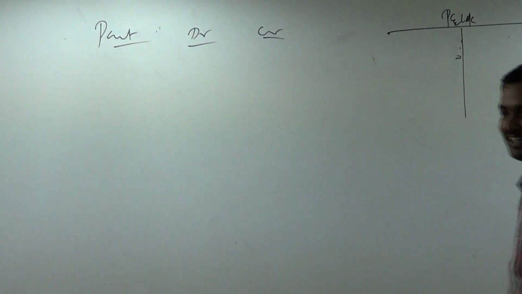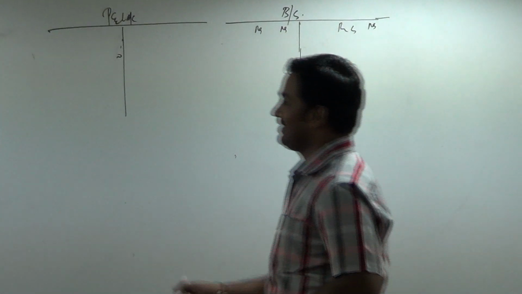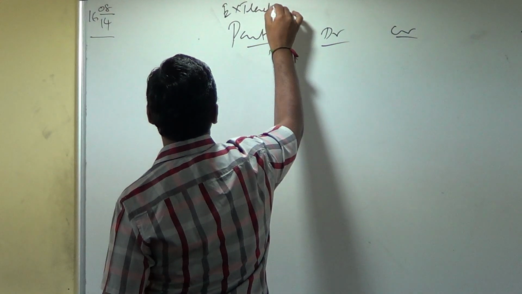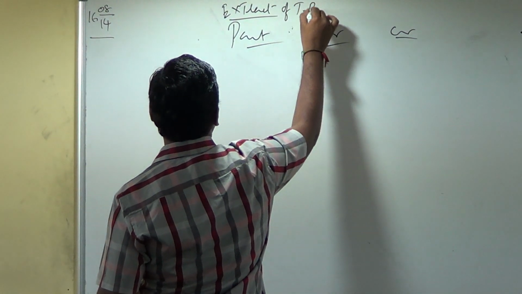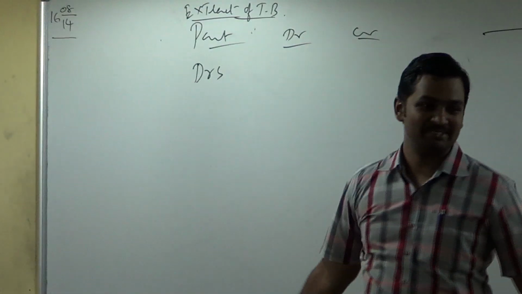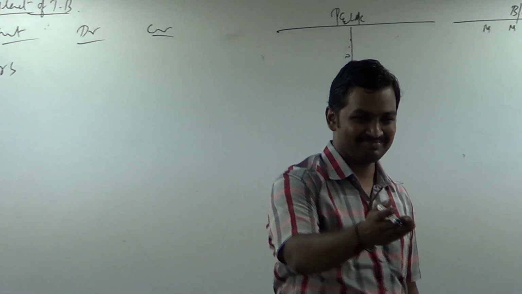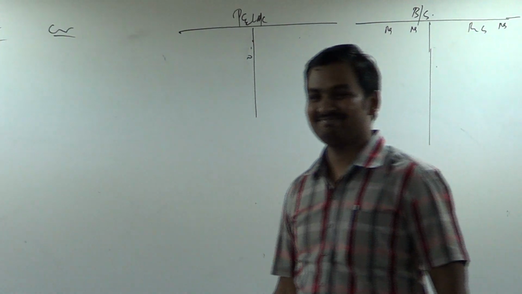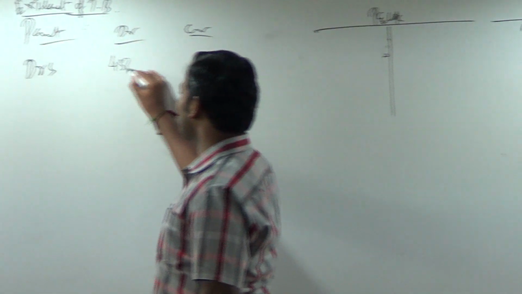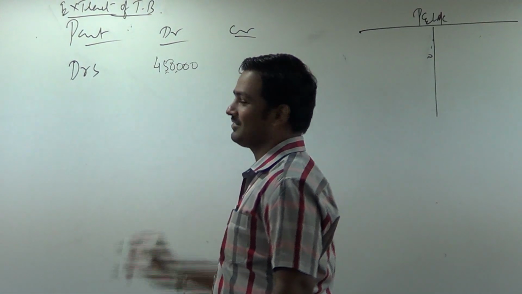Particulars, debit, credit, I have written already. Debtors 4,50,000.